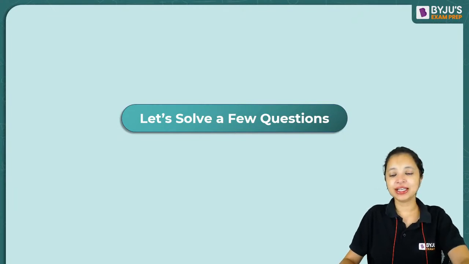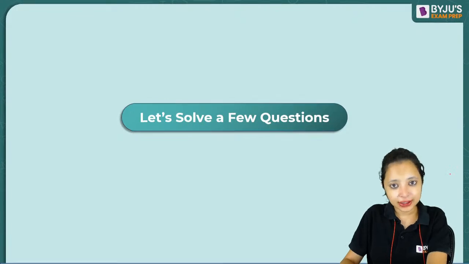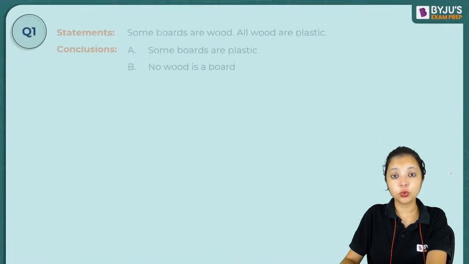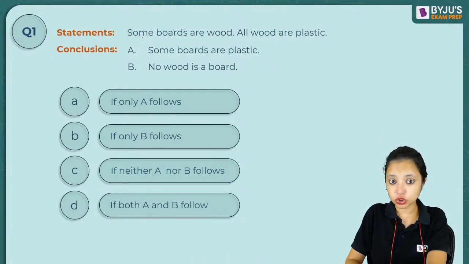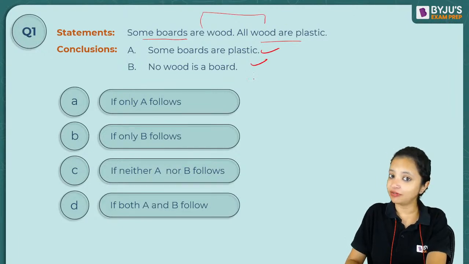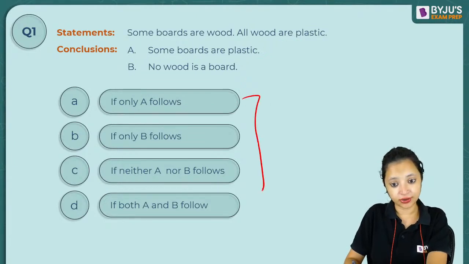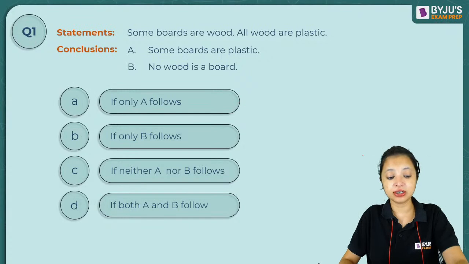Okay. So let's quickly start off with our very first question. Here we go with the first question. The directions are, you will be given two statements. This is the first one, this is the second one. By combining these two, what all conclusions are valid is what you need to find an answer to. The options are here. What do you think is the correct answer? Please tell me that in the chat box right now.